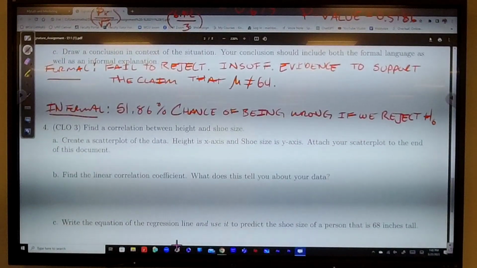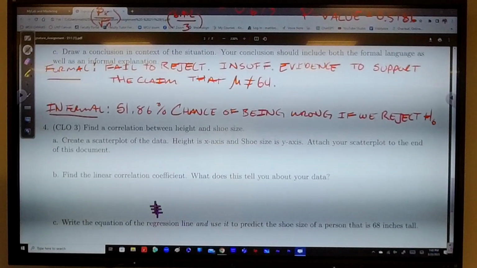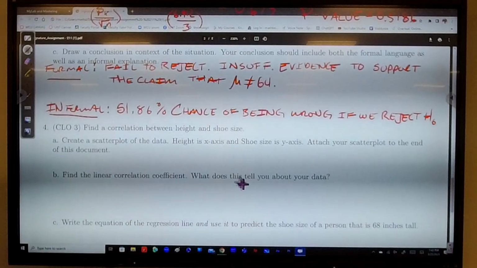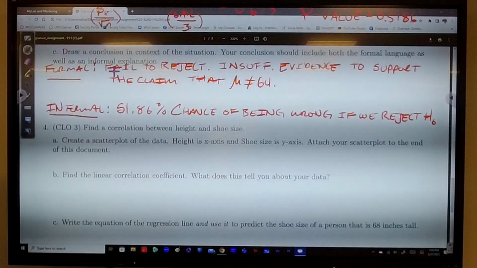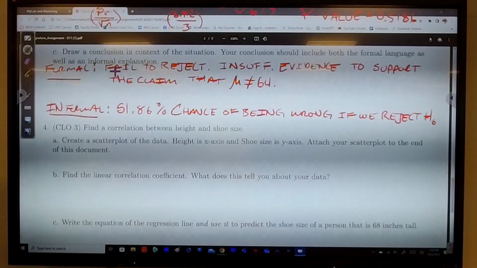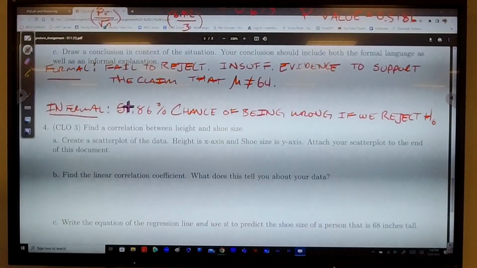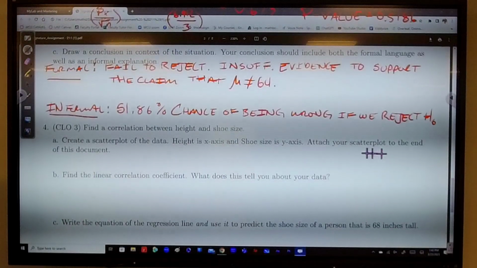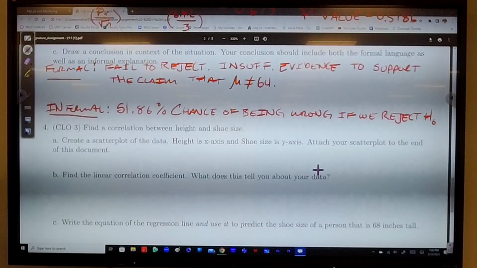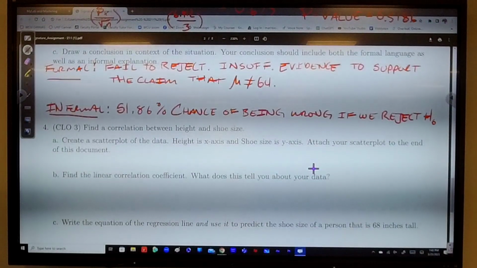All right, question 4. Find a correlation between height and shoe size. Part A is create a scatter plot of the data with the height on the x-axis, shoe size on the y-axis. Attach this to the end of your document. So for now, we're going to take a screenshot of it.